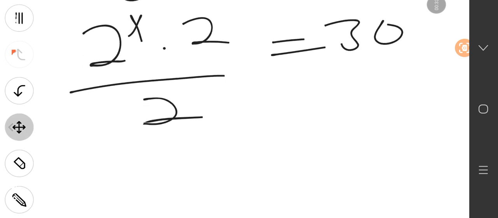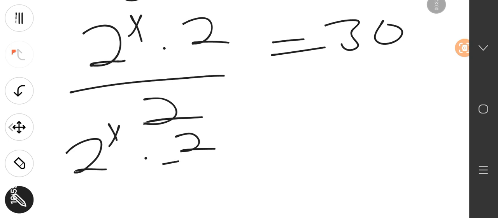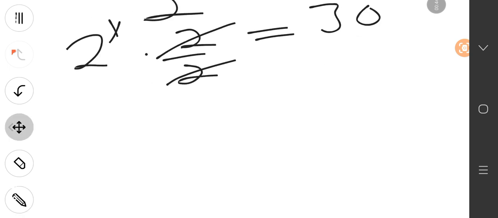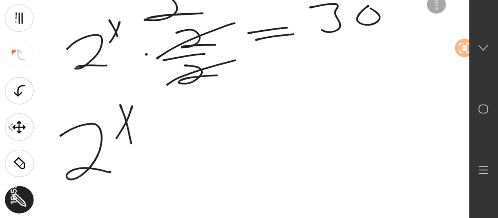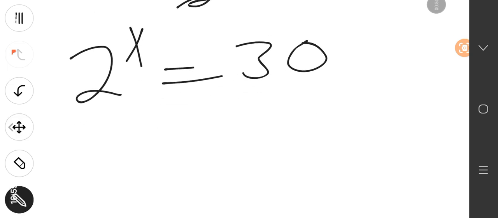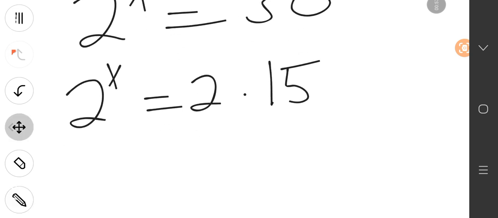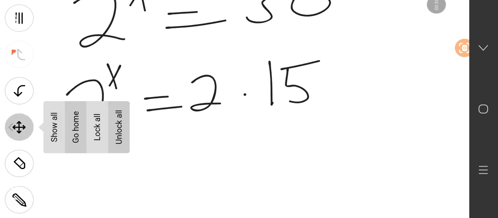This is the same as 2 exponent x times 2 over 2 equals 30. So this cancels this, and we have 2 exponent x equals 30. So this will give us 2 exponent x equals 2 times 15. In place of 30, we can write 2 times 15.